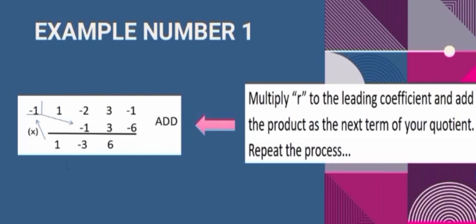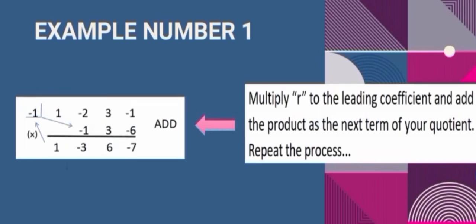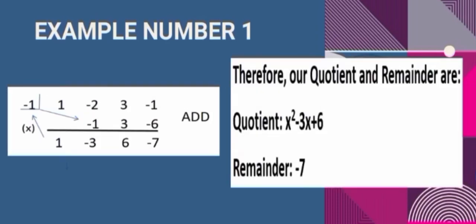And we multiply 6 to negative 1, and the answer is negative 6. And now we add negative 1 to negative 6, and the answer is negative 7. Therefore, our quotient is x squared minus 3x plus 6, and our remainder is negative 7.